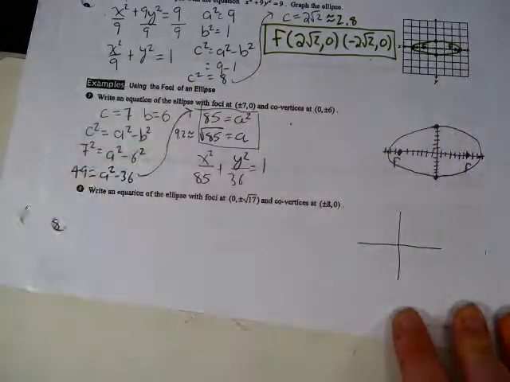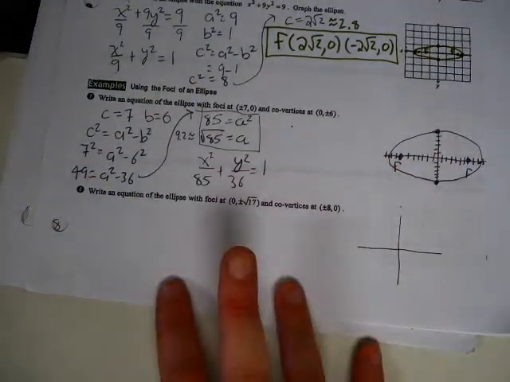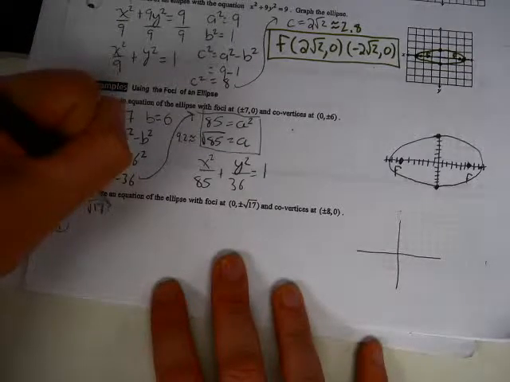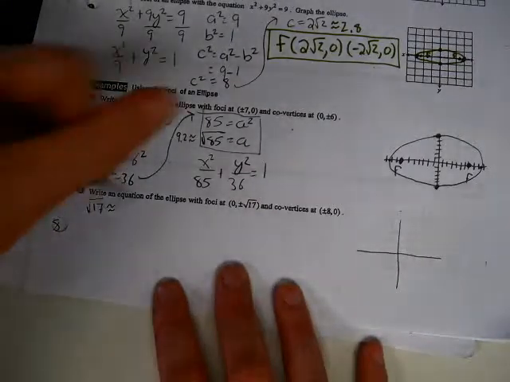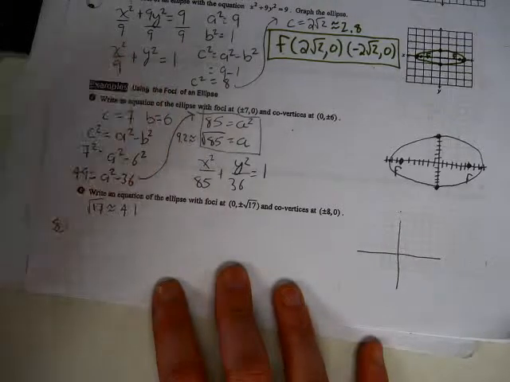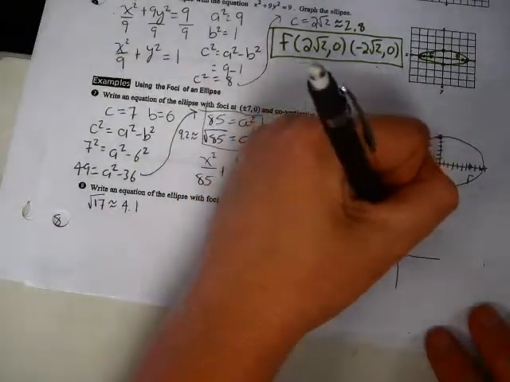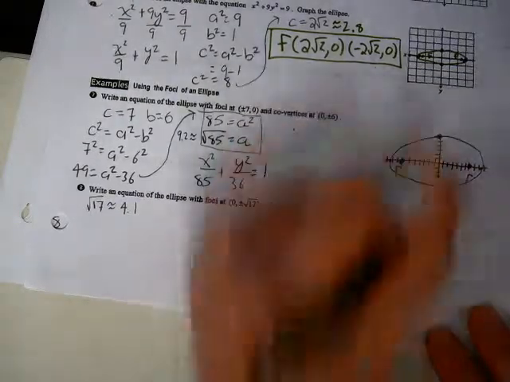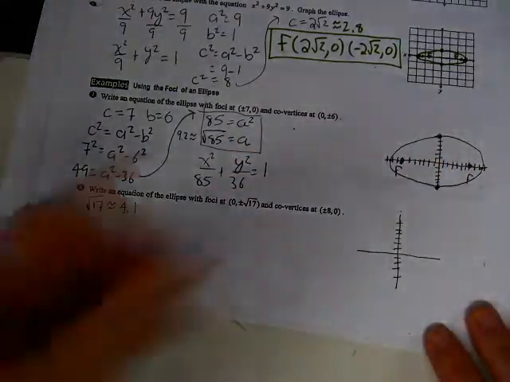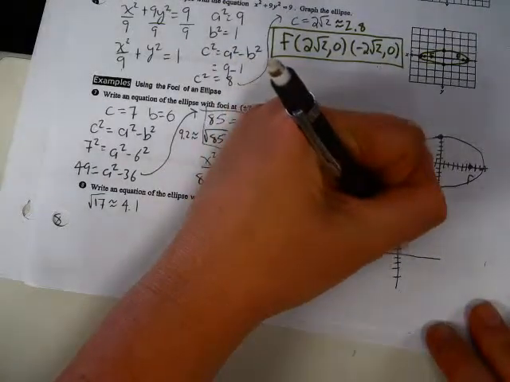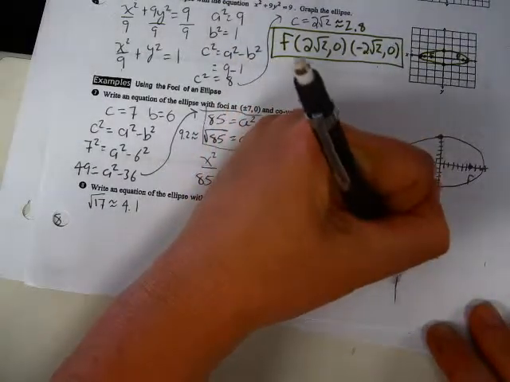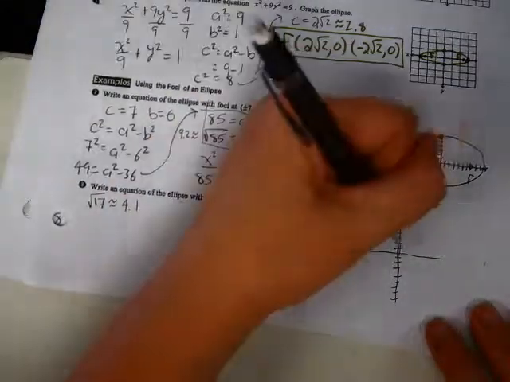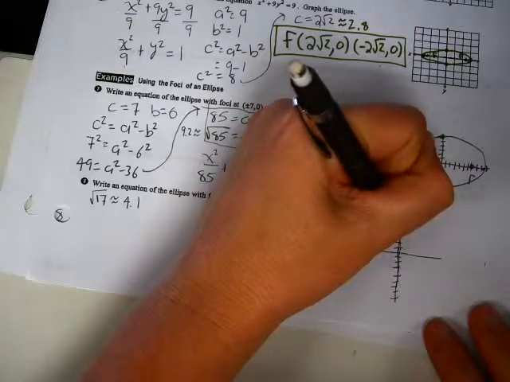First thing, just to help me graph it, the square root of 17 is somewhere around 4.1. So 4.1: 1, 2, 3, 4, right in there.